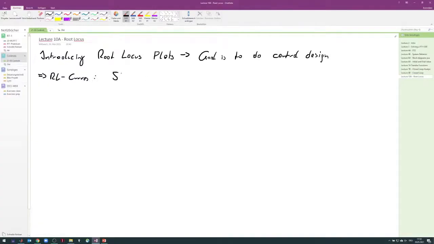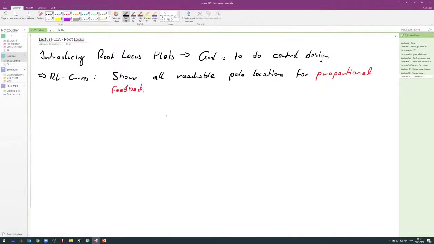Root locus curves show all reachable pole locations. And now the important stuff for proportional feedback. So, okay, what does it actually mean?